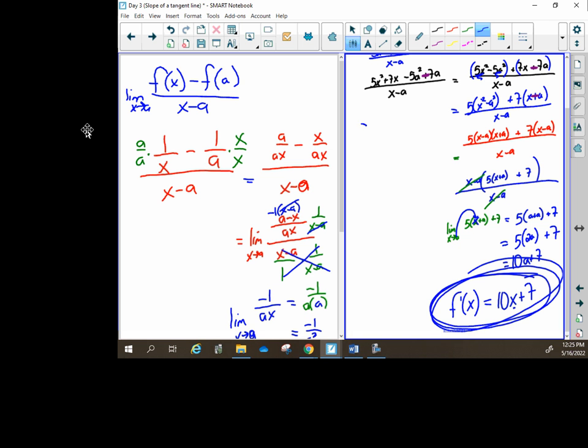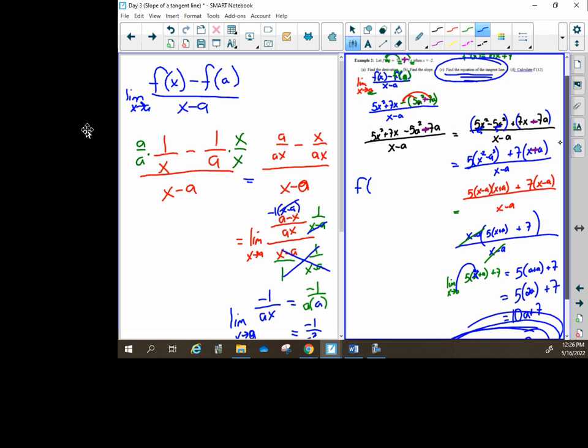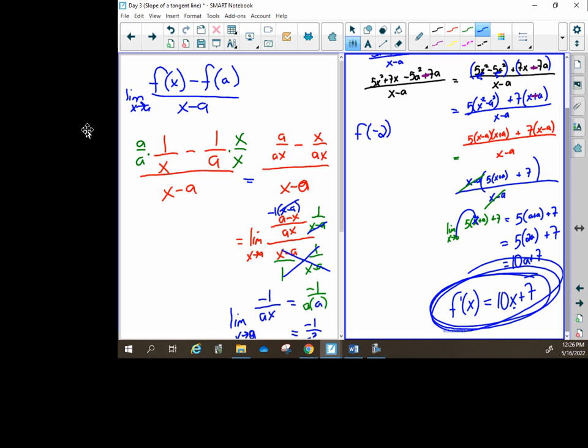You want to find f of, let's see here, negative 2, and then find f of 12. You don't have to do this stuff twice. You just now have to use the formula right here and do 10 times negative 2 plus 7.